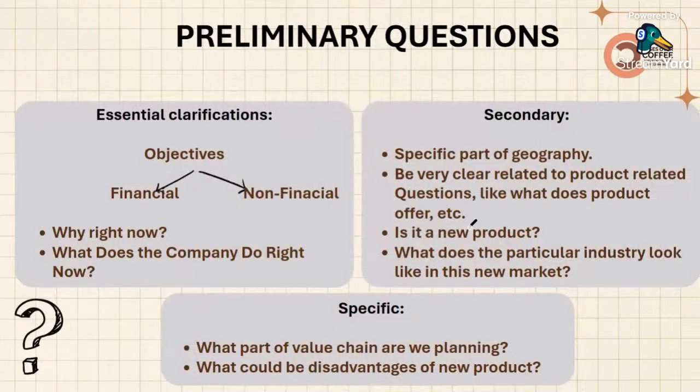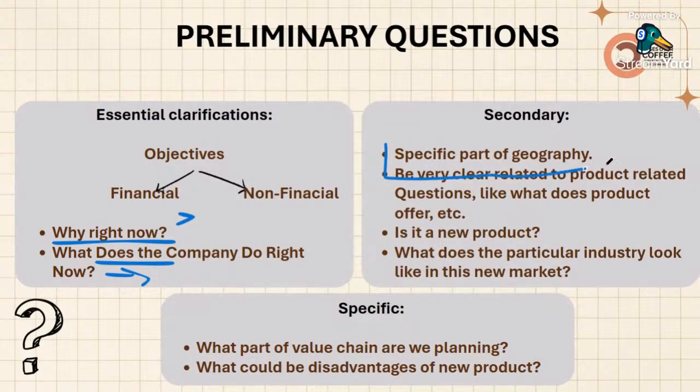Then moving ahead, we have something called preliminary questions that you can ask an interviewer. The essential question would be why right now they want to expand into this operation. I explained this with a Tesla example, and then what does the company do? I again explained this with the Reliance example. Then you can ask the secondary question, which could be very specific.